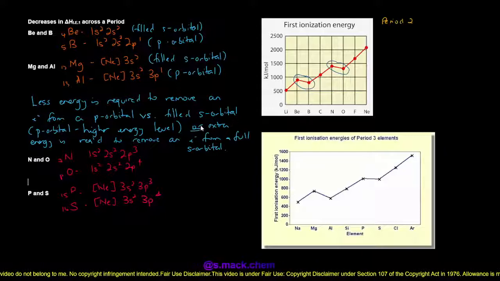If you say the p orbital is higher in energy, or it's a higher energy level, less energy is required to remove an electron from that p orbital. Or if you say more energy is needed to remove an electron from a full s orbital compared to a single electron in a p orbital, either answer will work here.